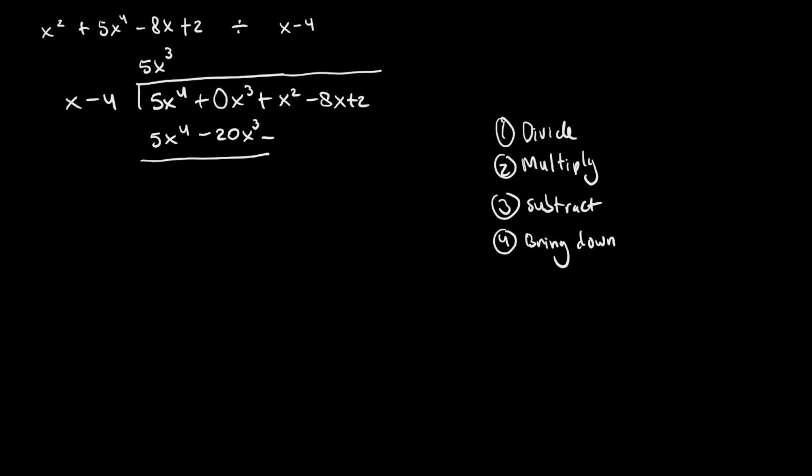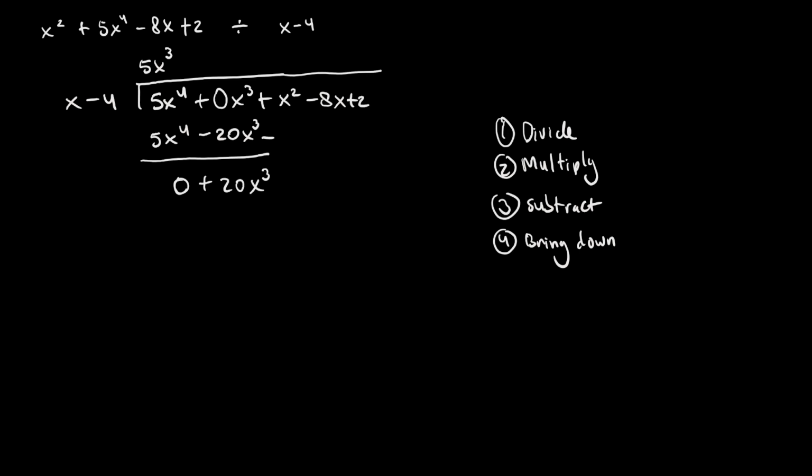And then we go ahead and subtract. But in this case, be careful because there's going to be a double negative. So for the very first term, that's going to be 0. And then this one is going to be 0x to the power of 3 minus 20x to the power of 3. And that will give us positive 20x to the power of 3.